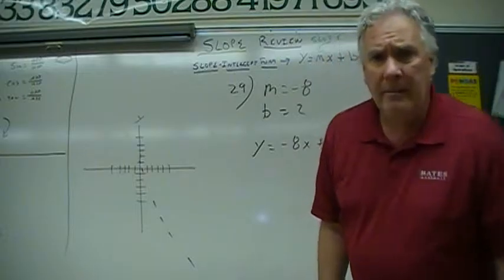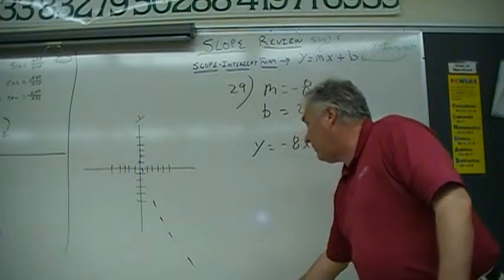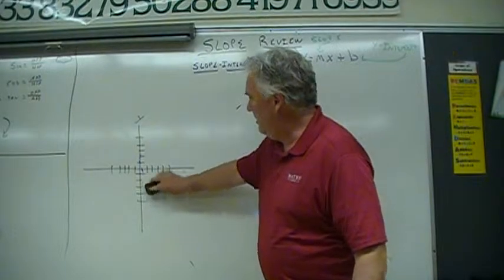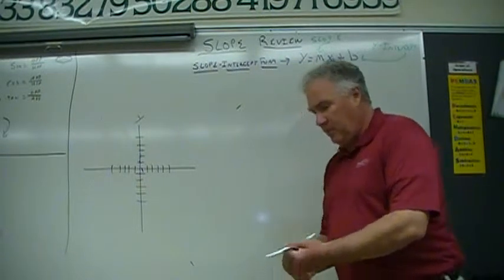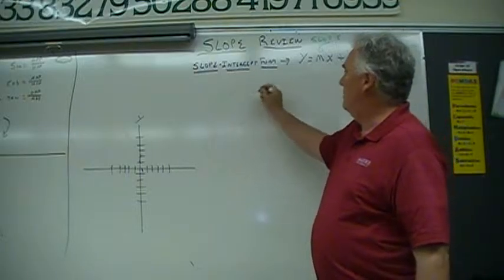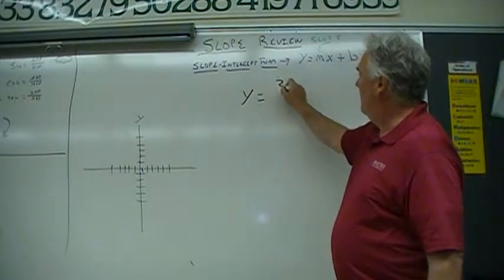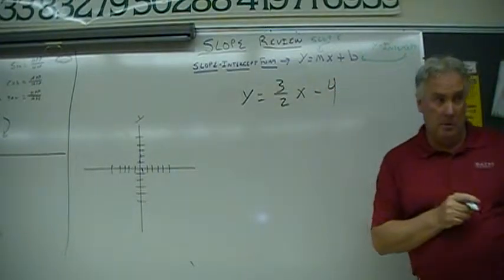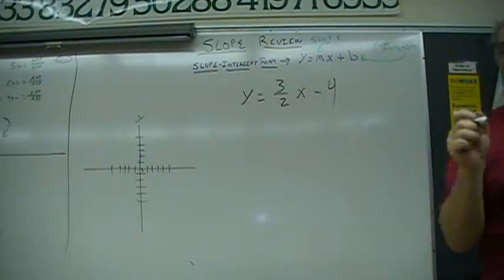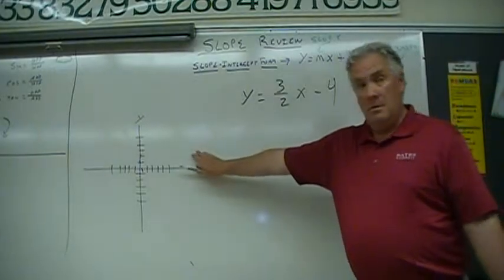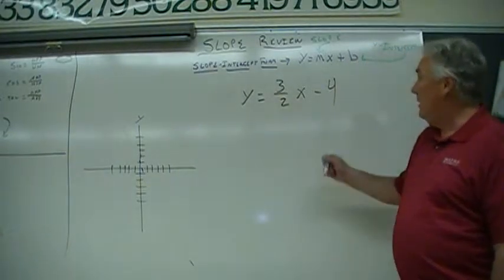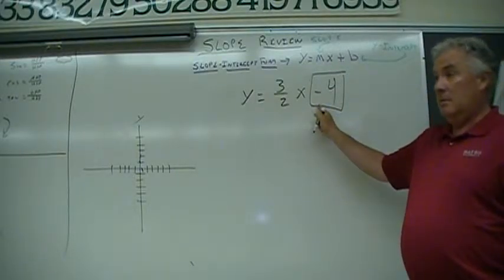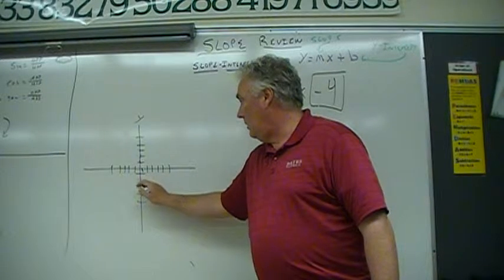So, I am going to do one thing. I have 1 minute left. I'm going to show you one more type of problem. If the problem was y equals 3/2 x minus 4, and the directions say graph, you'll have a little coordinate plane. First thing you do, identify the y-intercept, negative 4.